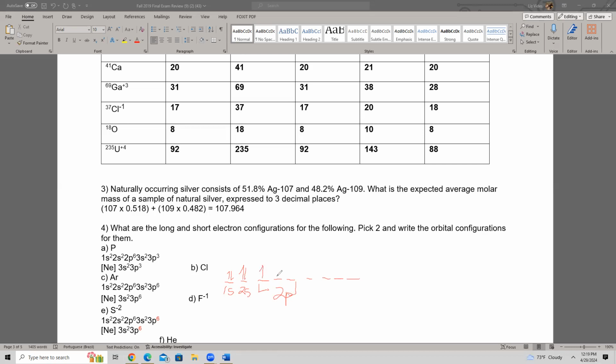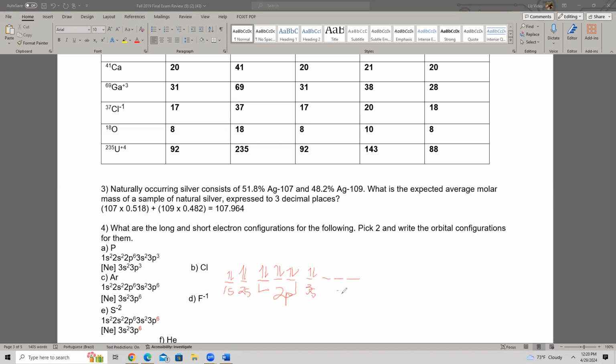The 2p electrons are also going to be in there. And if you notice, that whole entire level of electrons is completely full. So therefore, these are your core electrons. That's what's symbolized over here in the neon. Then you have your valence electrons, which are the ones on the outer shell. And for phosphorus, you have your 3s, which is completely full.